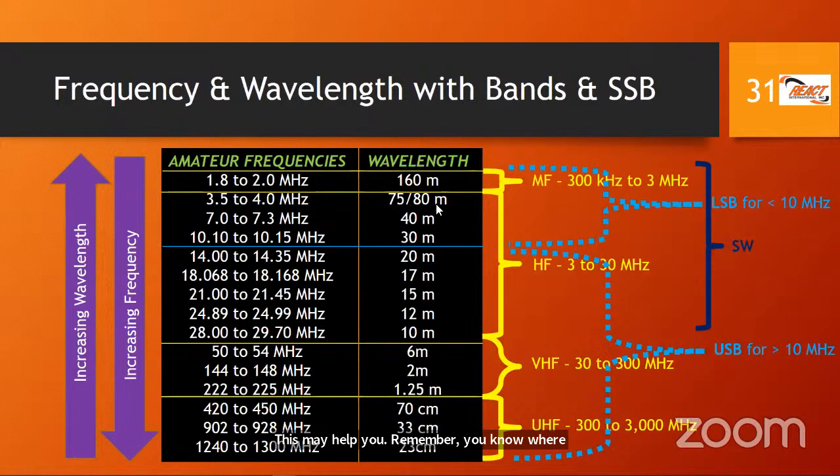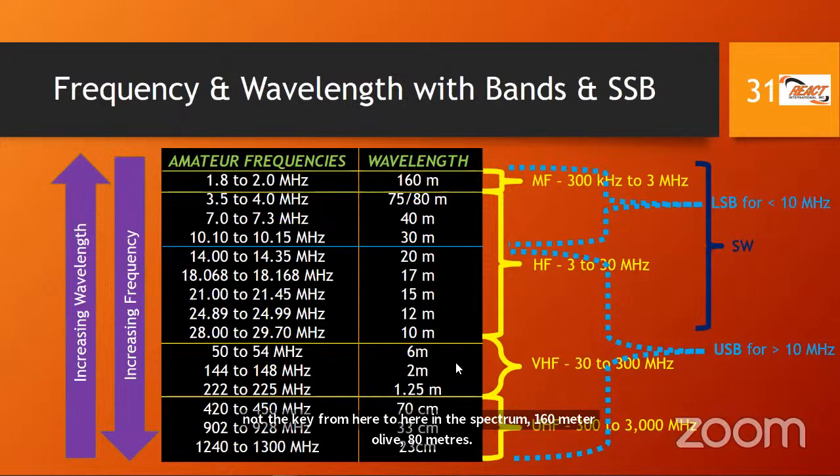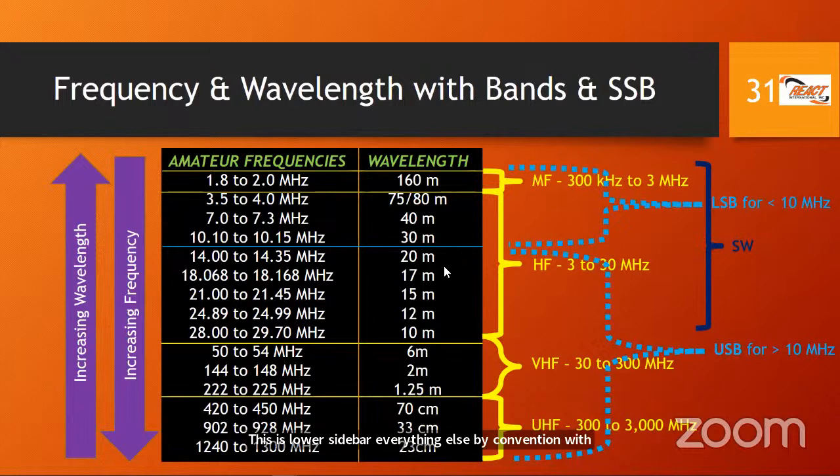So you don't have lower sideband here and then upper sideband here and then lower sideband here and upper sideband. That's not the case. From here to here in the spectrum, 160 meters all the way to 30 meters, this is lower sideband. Everything else by convention will typically be upper sideband. Now, they have some little exceptions, but for now, let's just use that rule of thumb.